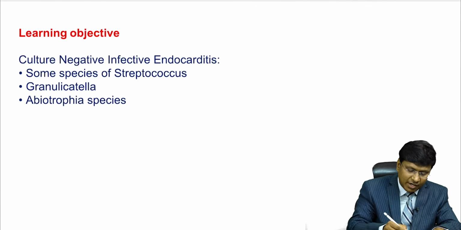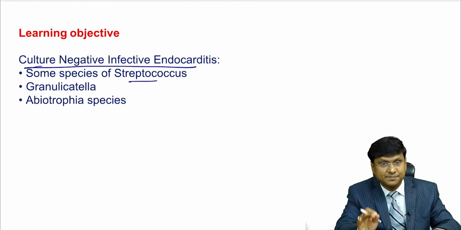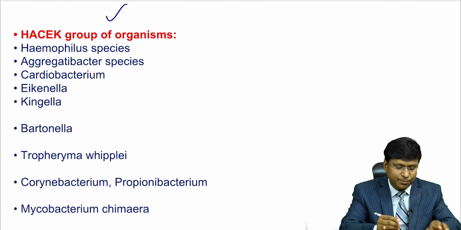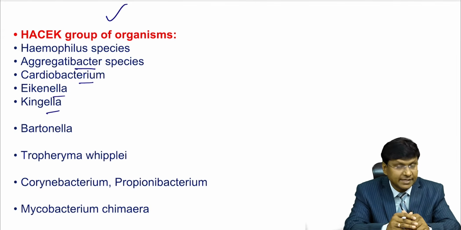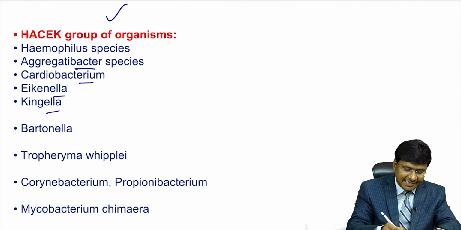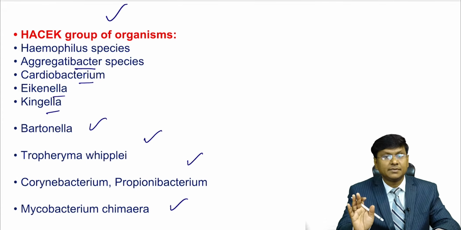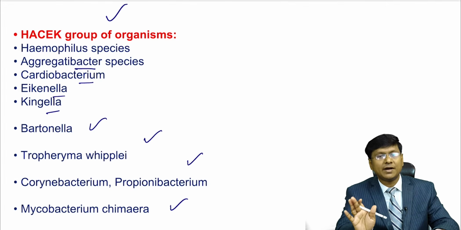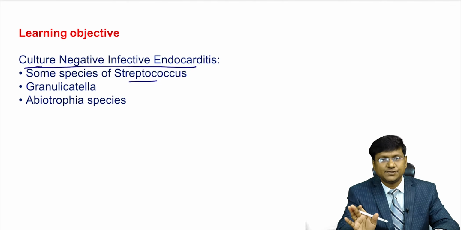And the organisms causing culture negative endocarditis are some species of Streptococcus like Granulicatella and Abiotrophia species, then the HACEK group of organisms, that is Haemophilus, Aggregatibacter species, Cardiobacterium, Eikenella and Kingella, followed by other organisms like Bartonella, Tropheryma whipplei, Corynebacterium, Propionibacterium, then Mycobacterium chimaera. So these are the organisms associated with culture negative endocarditis, okay.